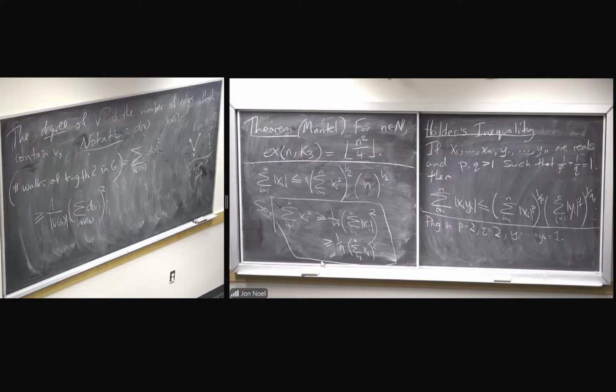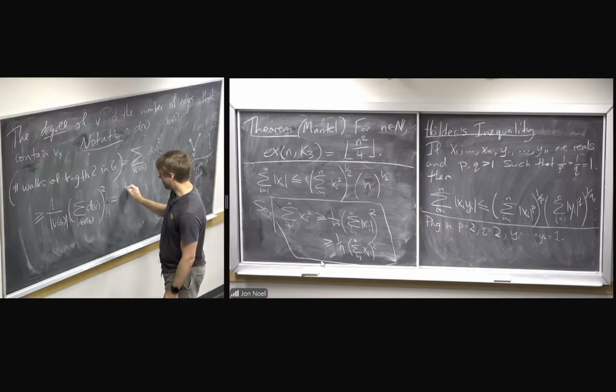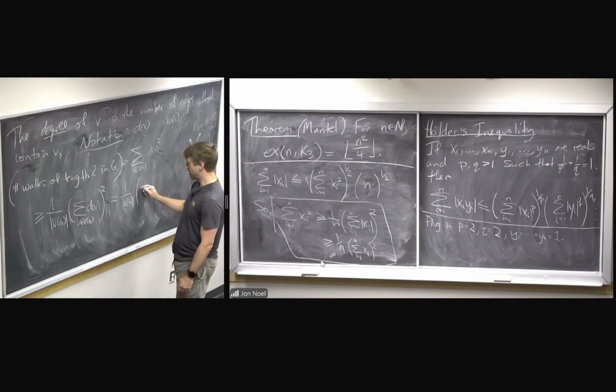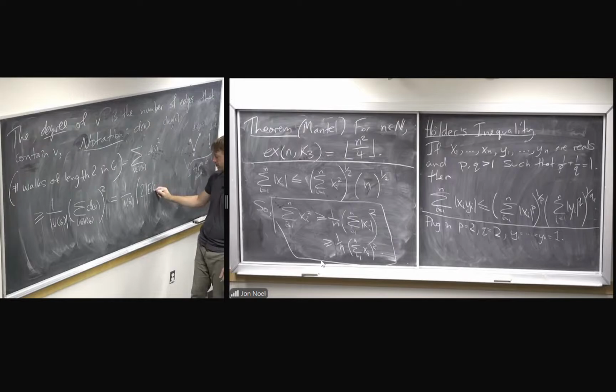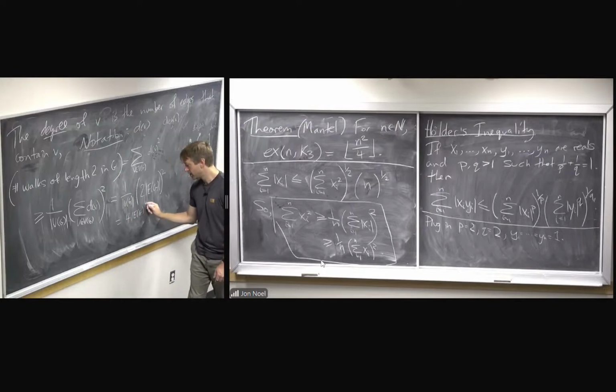Yeah, exactly. There's this handshaking thing. Sum of the degrees is twice the number of edges. So this is exactly equal to 1 over the number of vertices times 2 times the number of edges, all squared. So it's like 4 times number of edges squared over number of vertices.